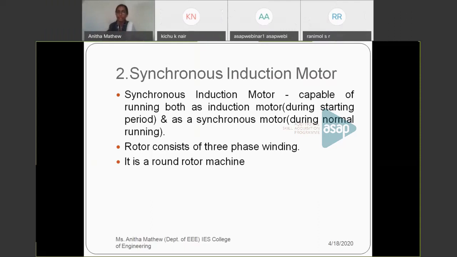That is, during the starting period it acts as an induction motor, and when it runs and attains running speed, it will act as a synchronous motor. The rotor consists of a three-phase winding, and it is a slip ring rotor type machine. Okay, the rotor supply.